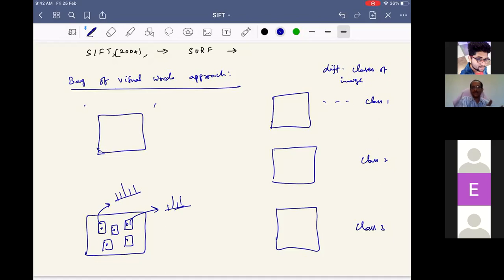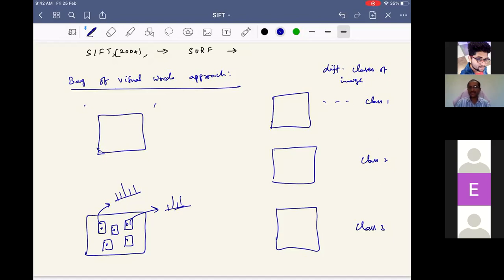Similarly, car versus a person, versus a cat, versus a dog or any other objects. If you would like to match or classify or detect, what we do is each key point acts as one piece of information. But where is the collected information representing the object? That information is not coming up.